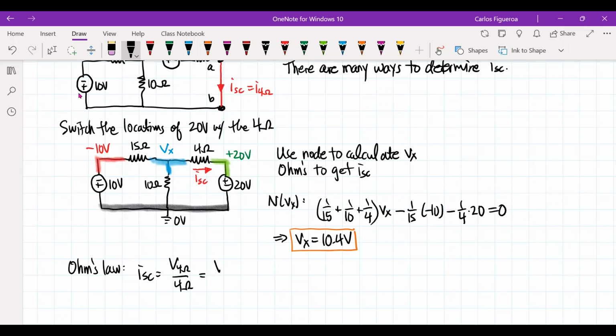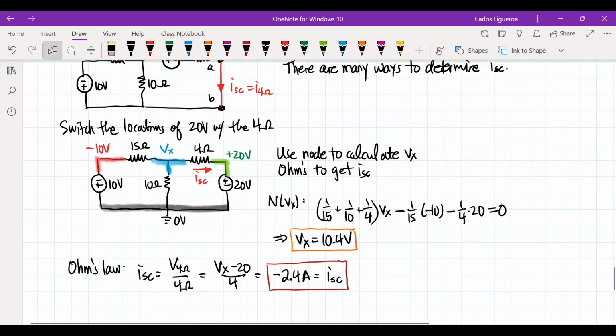But that's got to be Vx minus 20 divided by 4. And if I punch in my numbers, I'm going to get minus 2.4 amps for I short circuit. So now I have I short circuit.